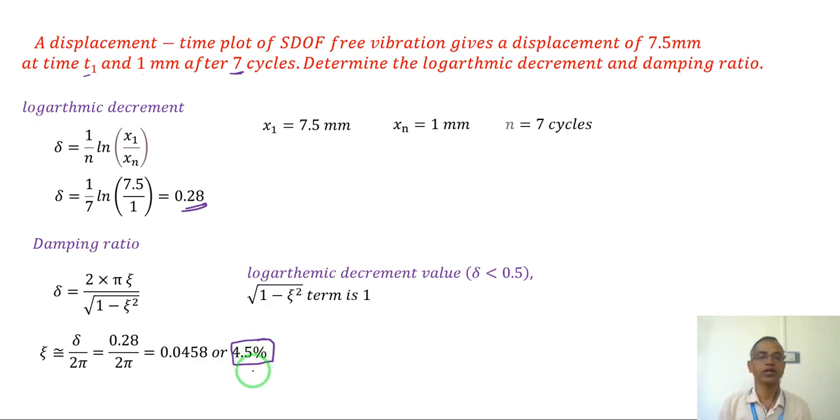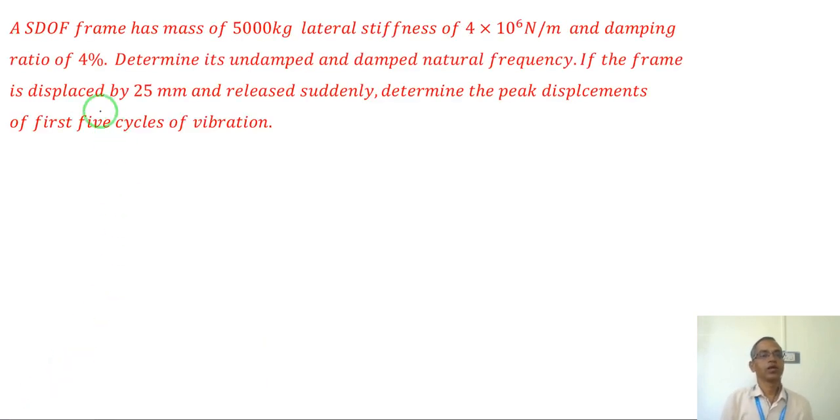So let us look at another numerical. A single degree of freedom system, a frame, has a mass of 5000 kg and lateral stiffness of 4 into 10 power of 6 Newton per meter. It has a damping ratio of 4%. We need to find the undamped and damped natural frequency.